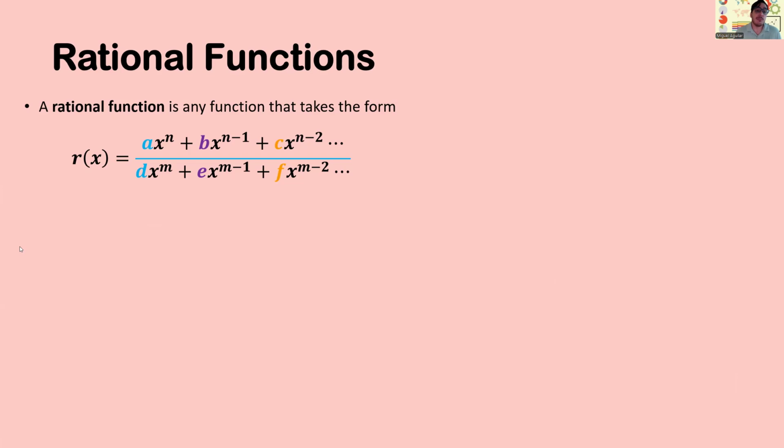Now, where this looks more complicated is because now we also, at the bottom of the fraction, have another polynomial expression, and it has its own coefficients, it has its own set of exponents, and so it has its own degree. Okay, so if the degree of the numerator is going to be this exponent n, then the degree of the denominator is going to be this exponent m.